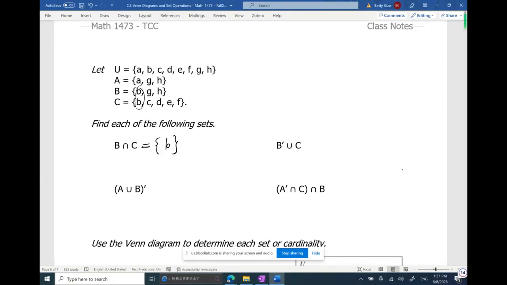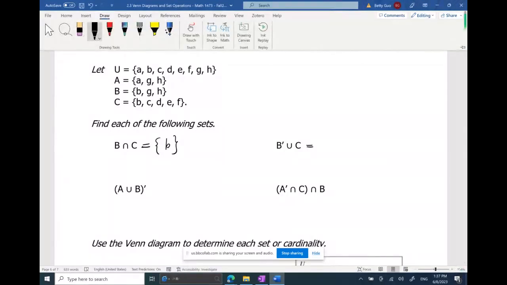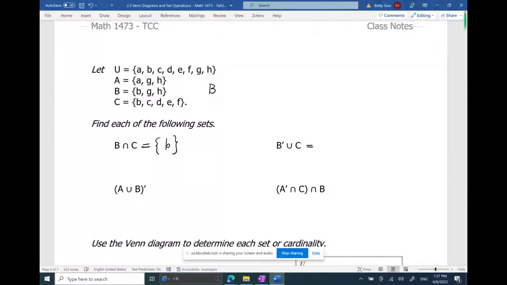The second one, B prime union C. Let's not rush. Let's find the B prime first. As a component set of this compound set, B prime is not exactly given, so we have to find B prime first.